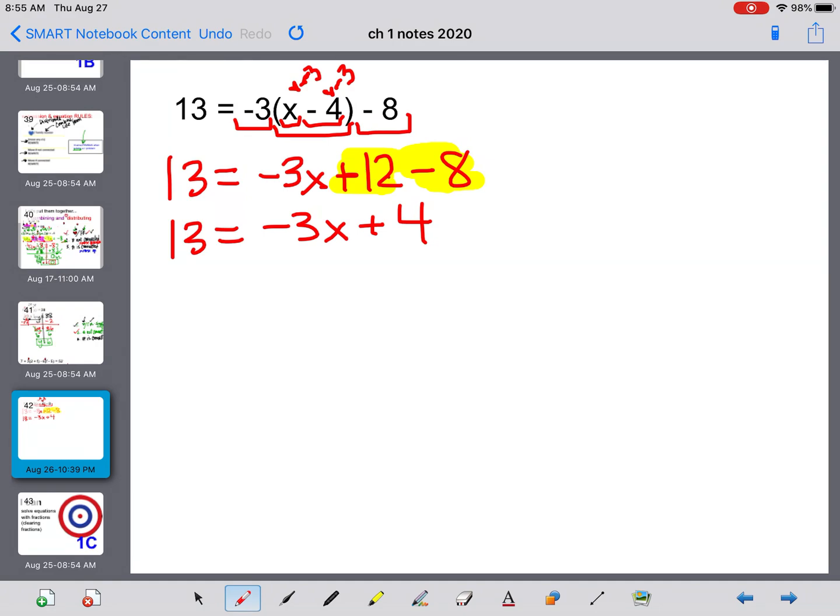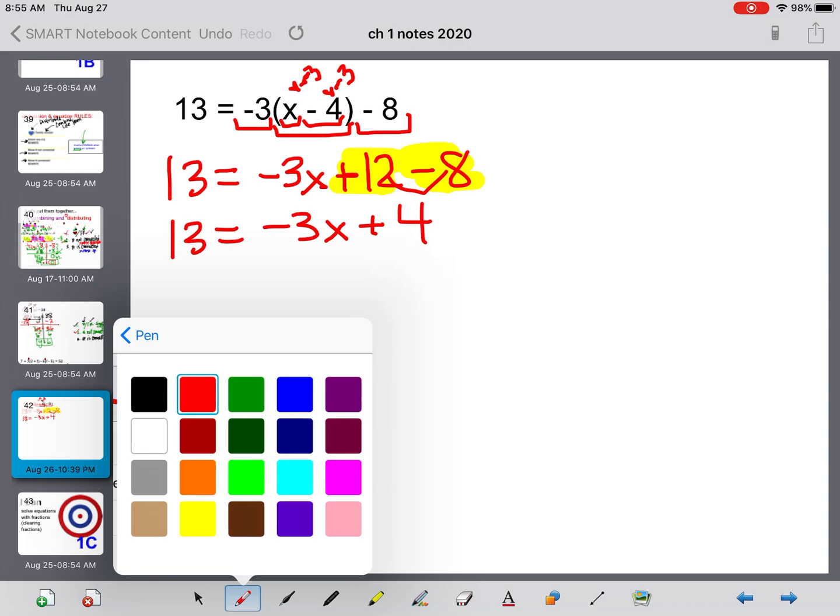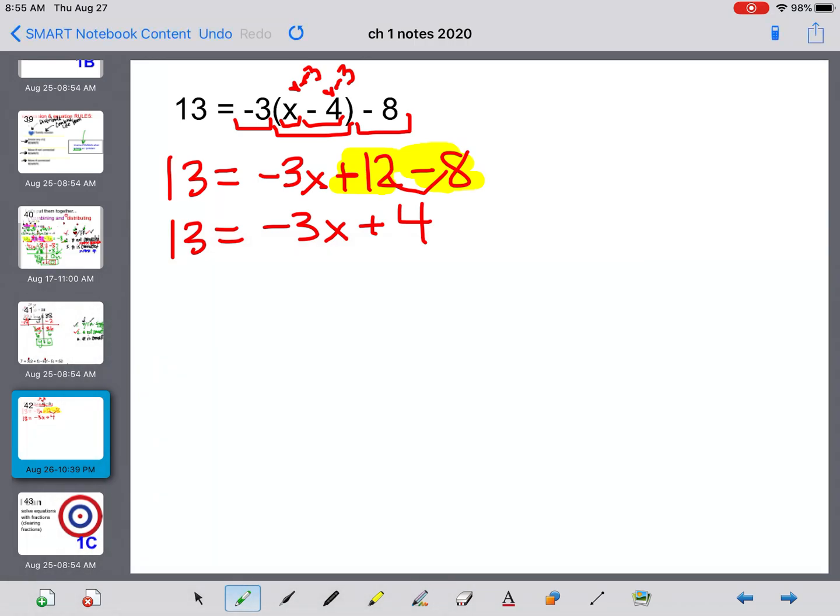Negative 13 equals negative 3x plus 4. So all I did was I combined the positive 12 and the negative 8. Step 1 was share the love and family reunion. Once I've done that, step 1 is done. So I can go ahead and start solving my equation.